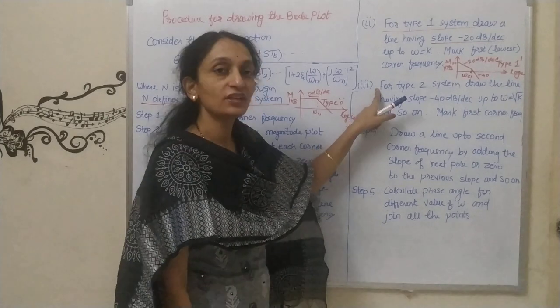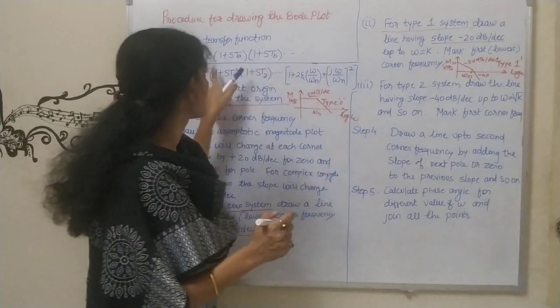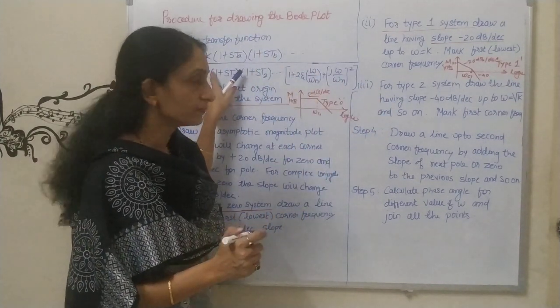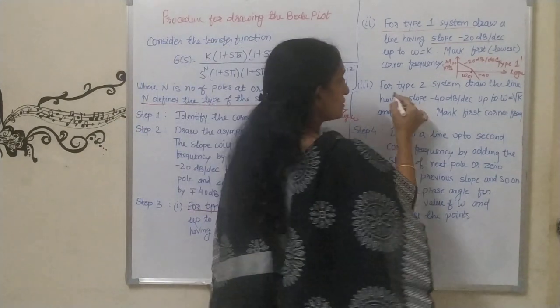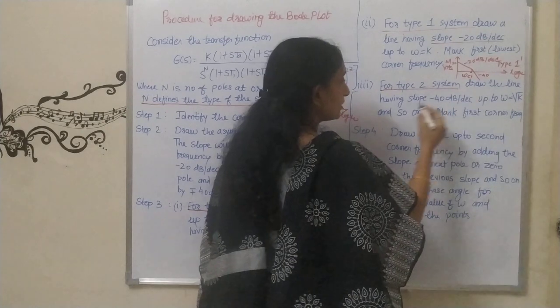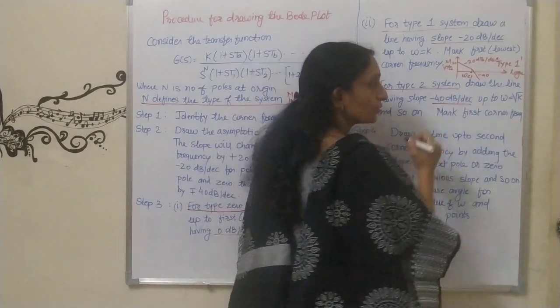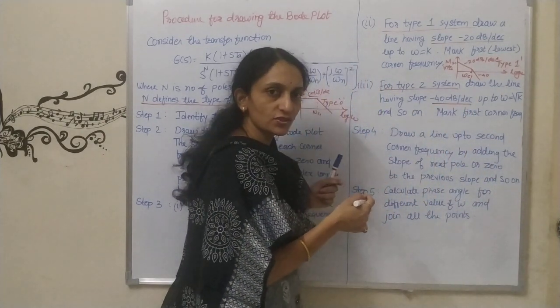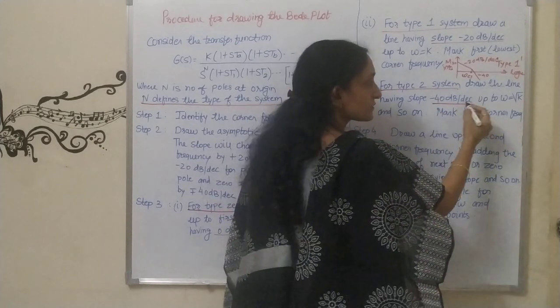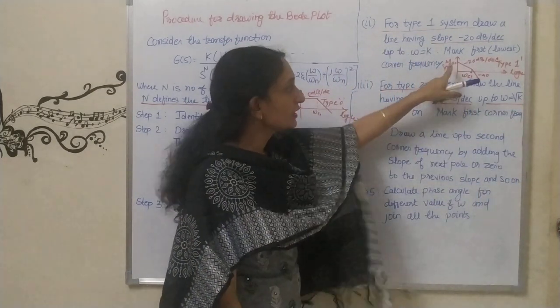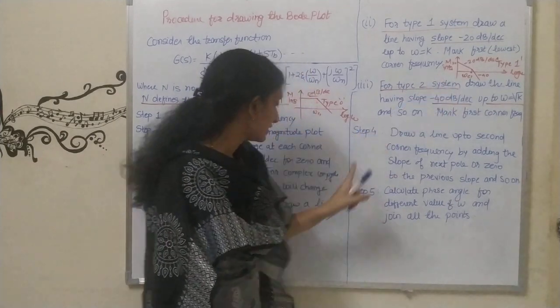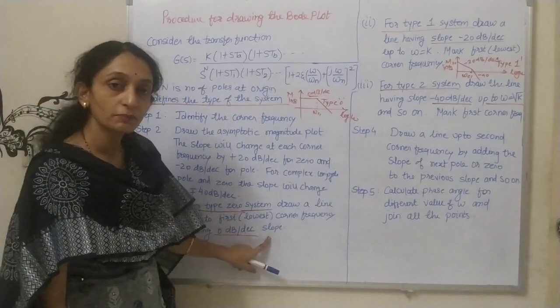Now next, for type 2. Type 2 means two poles at origin, n is equal to 2. So two poles will contribute a line slope of minus 40 dB per decade. So for a type 2 system, draw the line having slope minus 40 dB per decade. But up to which point will you draw minus 40 dB per decade? Up to omega equal to root k. Here you can check that. Starting, I have shown with 0 dB per decade.